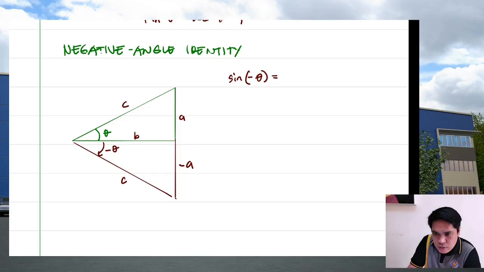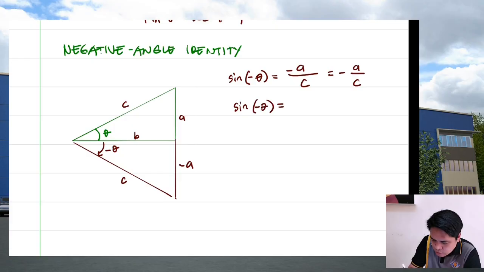Okay? So, yung sine negative theta is equal, again, sine is opposite over hypotenuse, so A over C. So, sine negative theta is equal to negative A over C. So, therefore, sine negative theta is equal to negative A over C. And what is A over C?